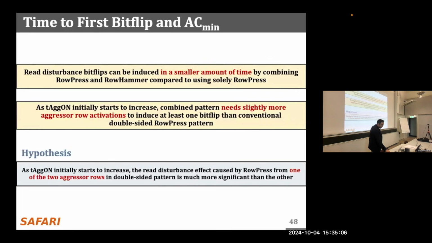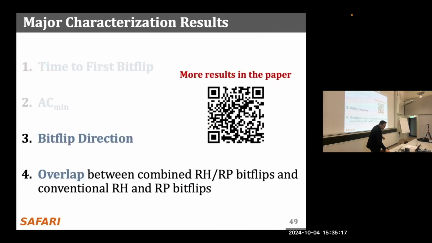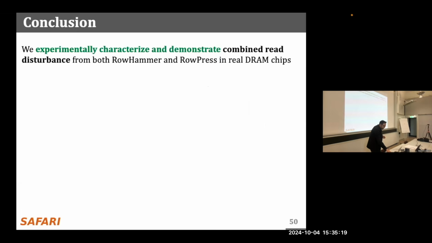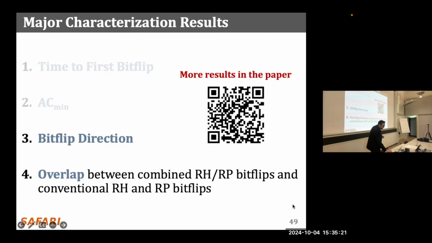I already talked about these. The hypothesis is that when we do RowPress from one side, one of the aggressor rows has more effect on the victim row compared to the other one. There are more results in the paper, such as bit flip direction and the overlap of bit flips, similar to the RowPress paper.